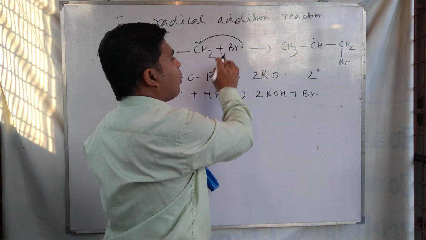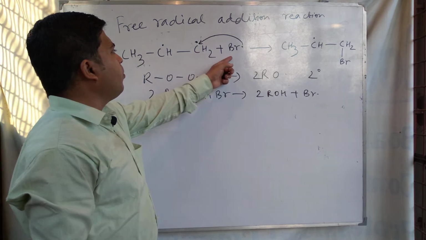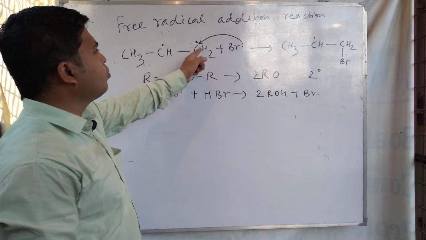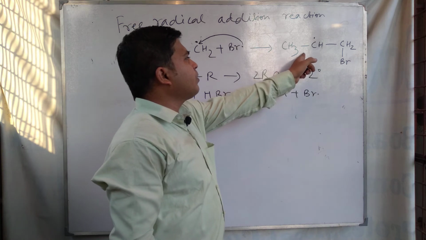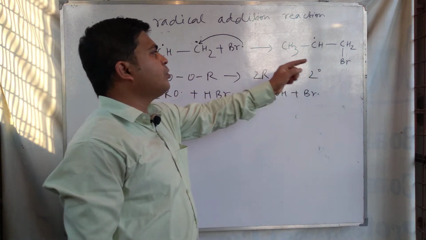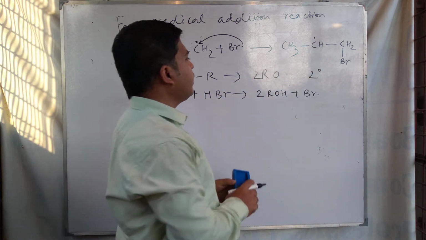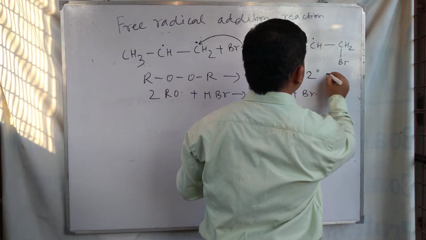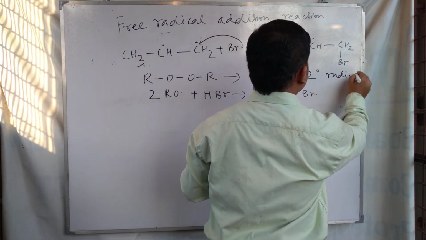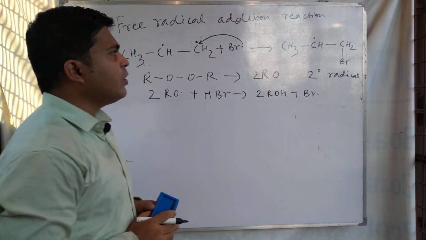This is Br dot, meaning bromine radical. The bromine radical adds to this CH2 dot, forming CH3CH dot CH2Br. That is, a 2 degree radical is formed.